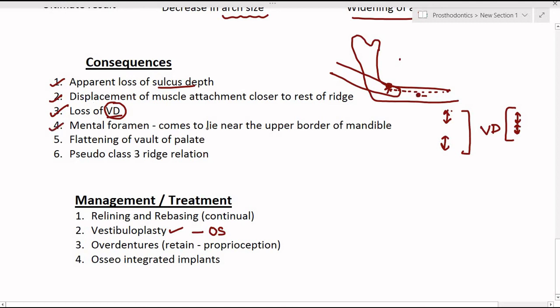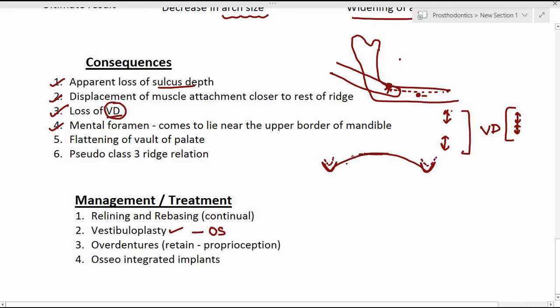Next, there will be a flattening of the vault of the palate. If this is my palate, the palate is defined by the extremities, if this is my ridge. Eventually if the height decreases, it comes to about this.